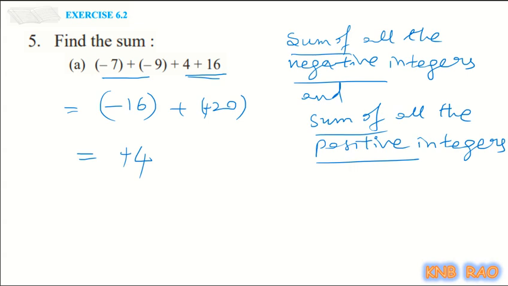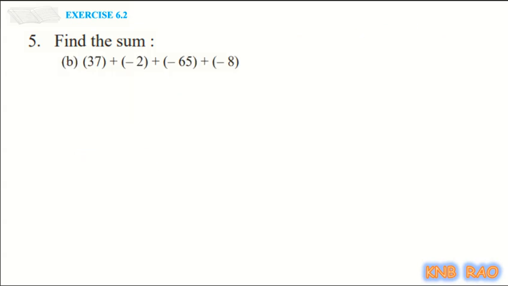Similarly, coming to question number 5 and sub question B, here 37 is positive and the rest of all 3 numbers are negative. So, 37 we will keep as it is and negative numbers we will add. So, 65, 8 and 2 to be added. So, 5 plus 8 plus 2 is 15 and 6 plus 1 is 7.